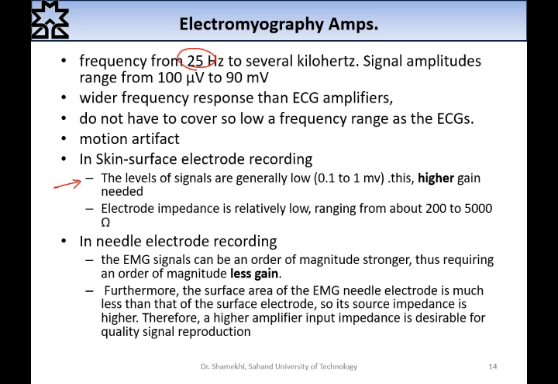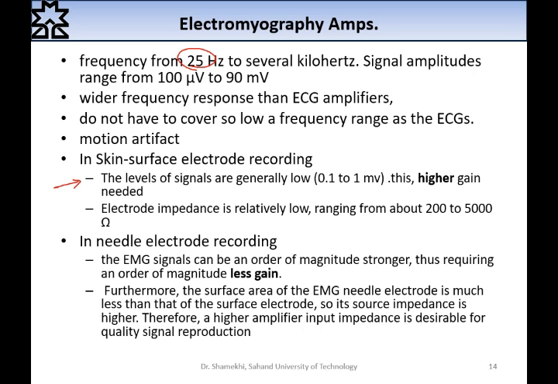Electrode impedance is relatively low, ranging from about 200 to 5,000 ohm, because we usually use electrodes with large area.